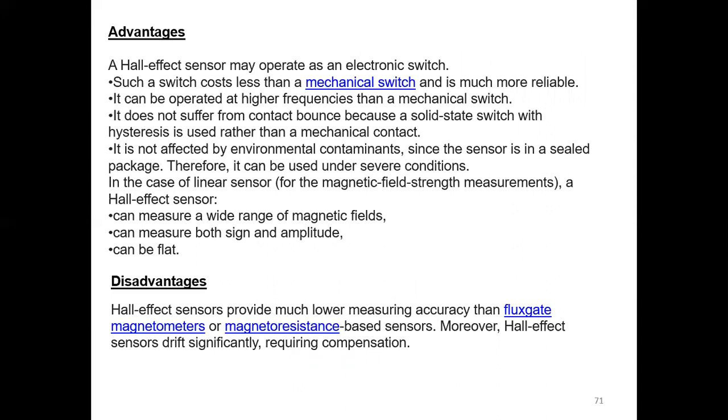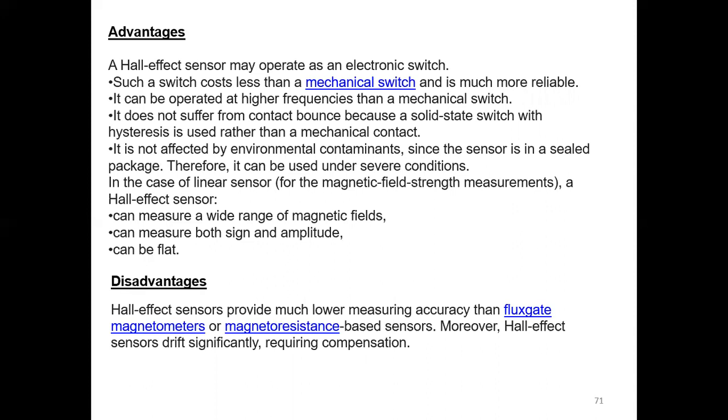The main advantage of the Hall effect sensor is that it may operate as an electronic switch. Such a switch costs less than a mechanical switch and is much more reliable. It can be operated at higher frequency than a mechanical switch. It can measure a wide range of magnetic fields, can measure both sign and amplitude, and can be flat.